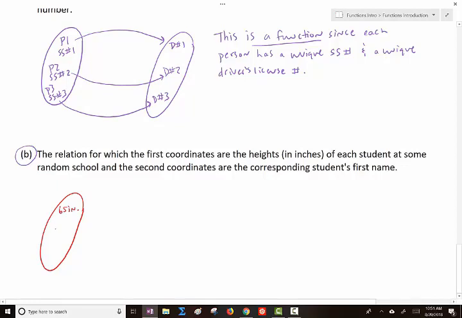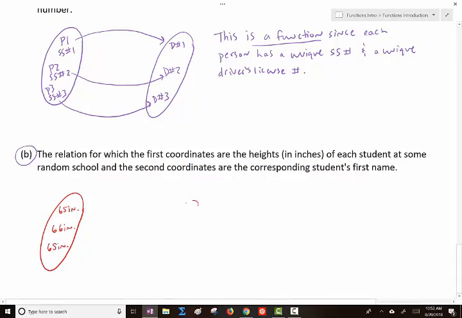Maybe another person is 66 inches. And then there's some other person who is also 65 inches. It's quite possible that many different people are going to have the same height, at least in inches, not considering little fractions of an inch or anything.